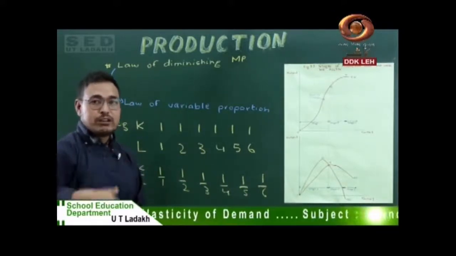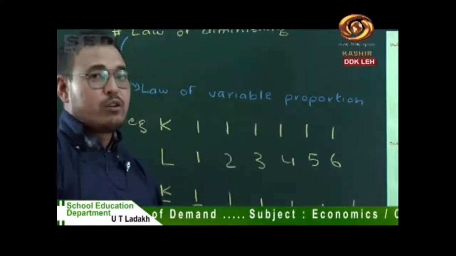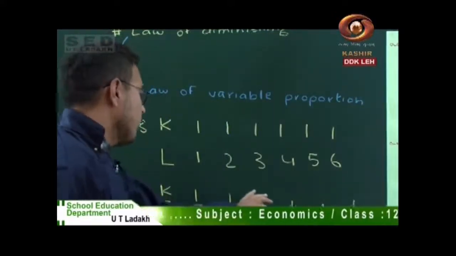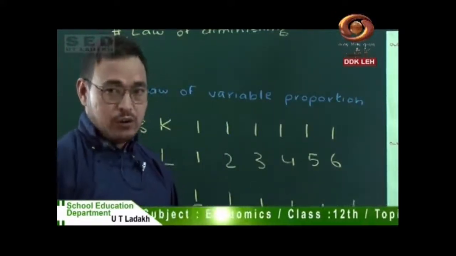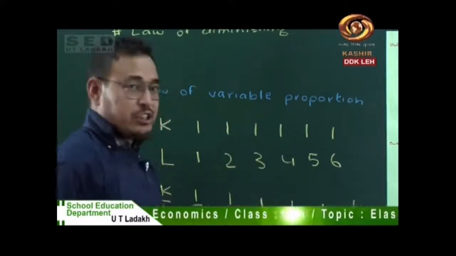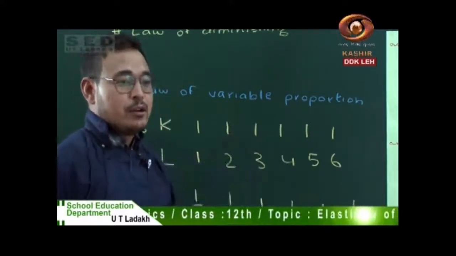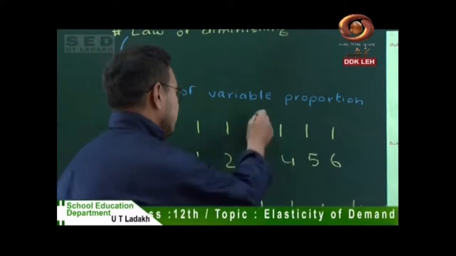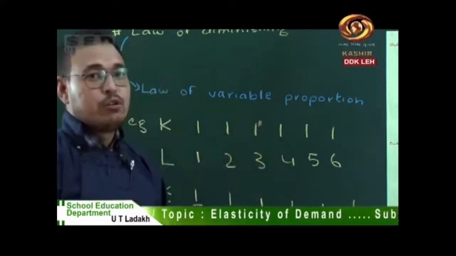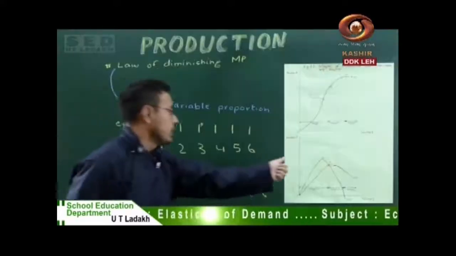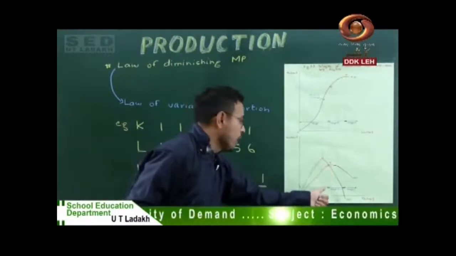Initially, as you keep on increasing the employment of your variable factor, your factor proportion will be conducive to some extent. But after that, say this is your optimal point where you will have the highest productivity, your marginal productivity is highest.